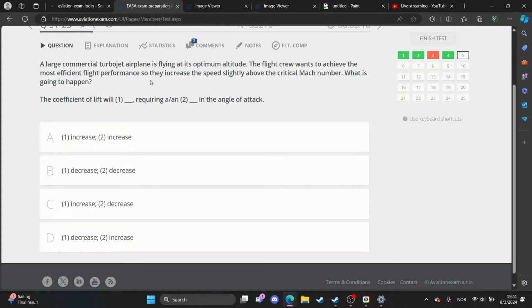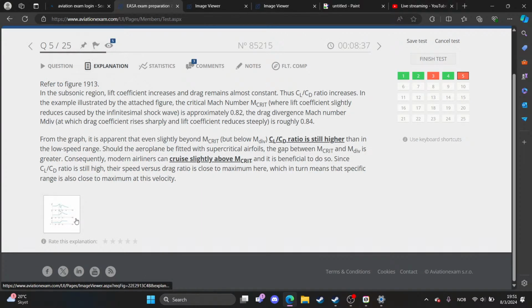Coefficient of lift will decrease, requiring an increased angle of attack. Increase, decrease. Hold on. Coefficient of lift increase. Why?